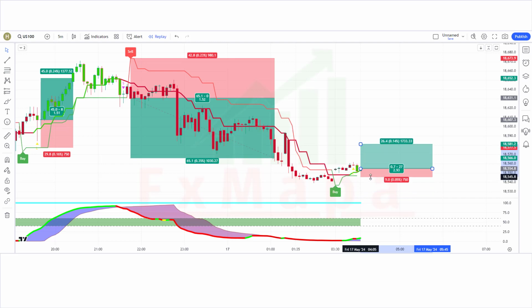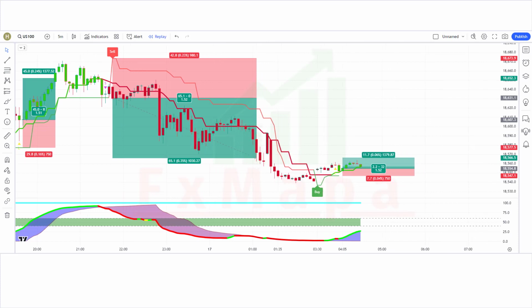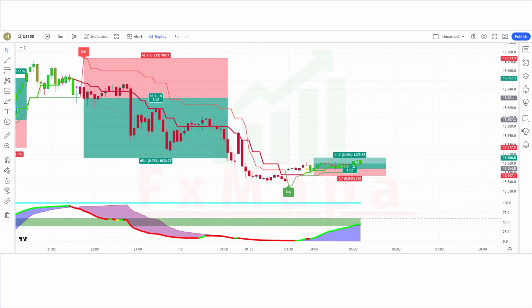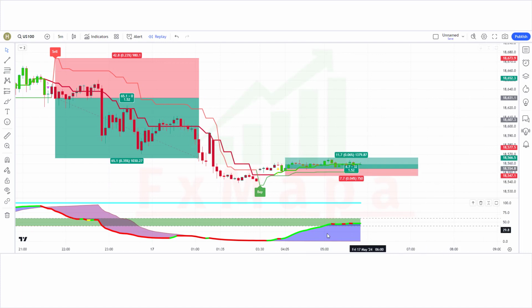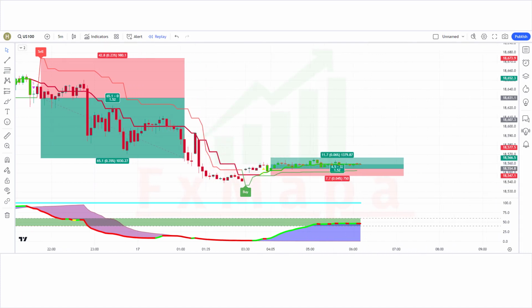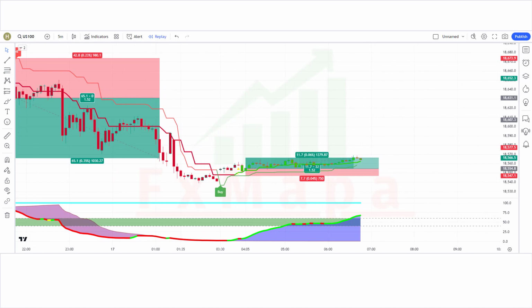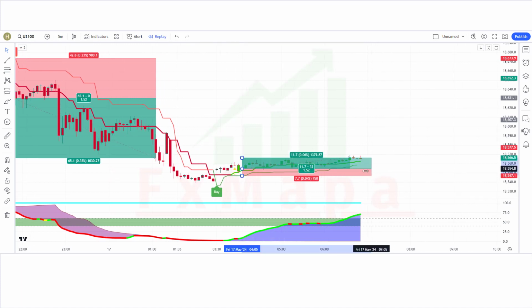Our stop loss will be placed at the Supertrend ATR indicator of TSL level. And the risk to reward ratio will be 1:1.5. Let's see what happens to our trade. Our trade is running in profit. We have won the trade. Wait for the next signal.